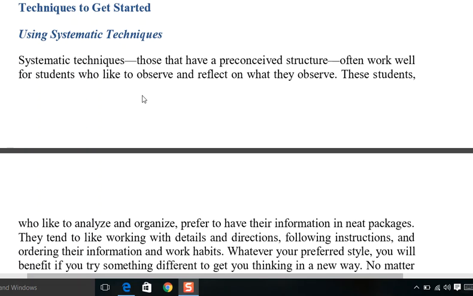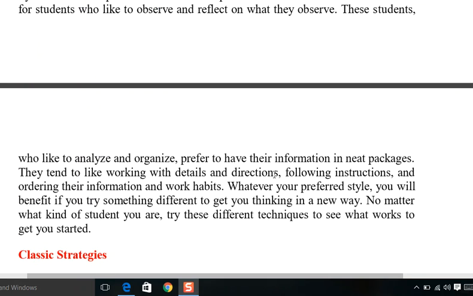Fine. Here, let's read what these systematic techniques are. Those that have a preconceived structure often work well for students who like to observe and reflect on what they observe. These students who like to analyze and organize prefer to have their information in neat packages.